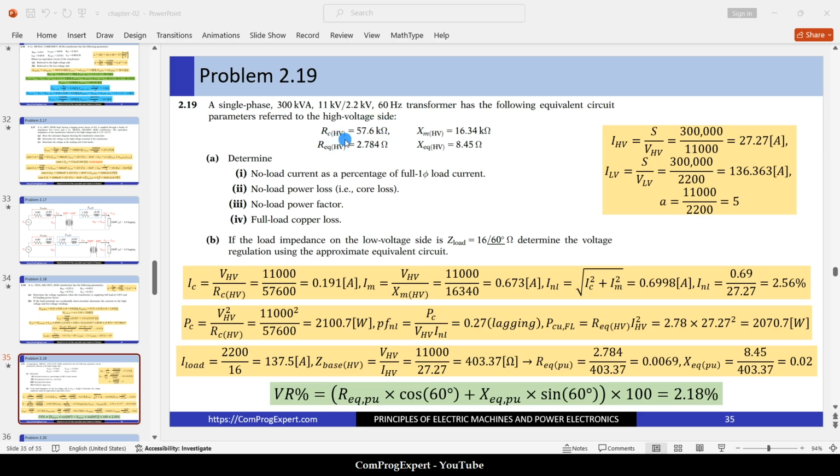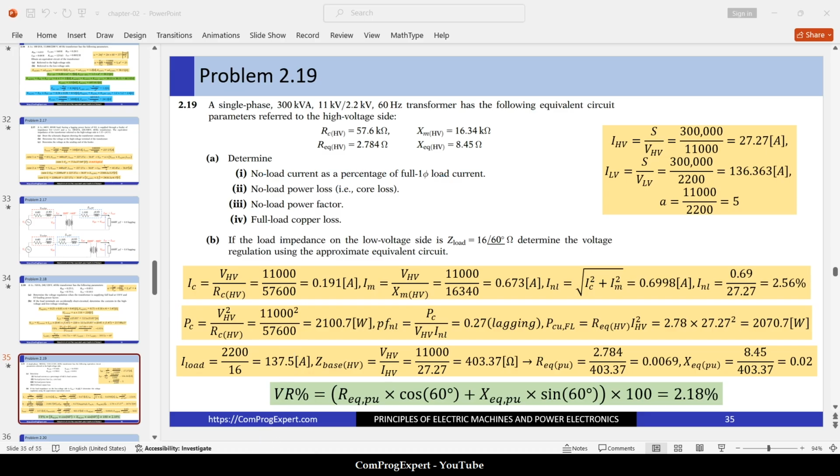Here we have the equivalent core resistance, the magnetizing reactance, equivalent resistance of the primary and secondary windings, and this is the equivalent reactance. So, A, determine no load current as a percentage of full load single phase load current. How can we calculate the no load current?